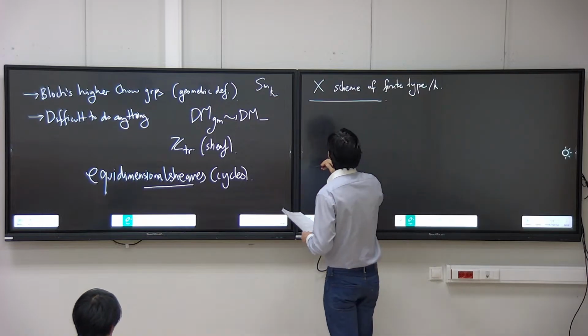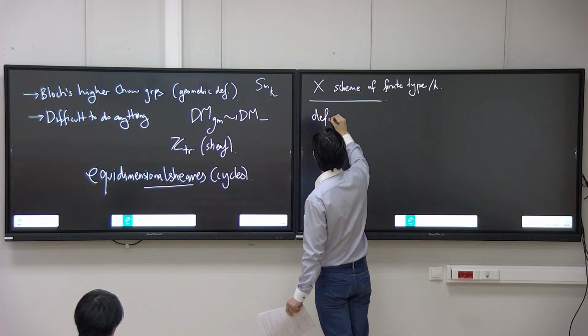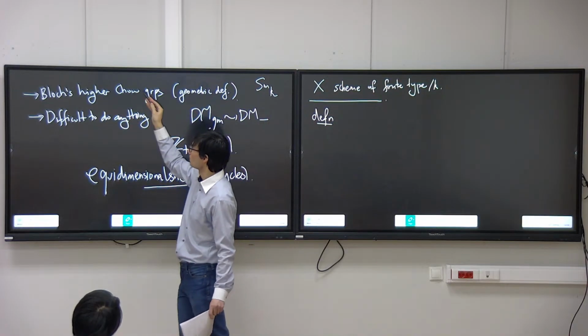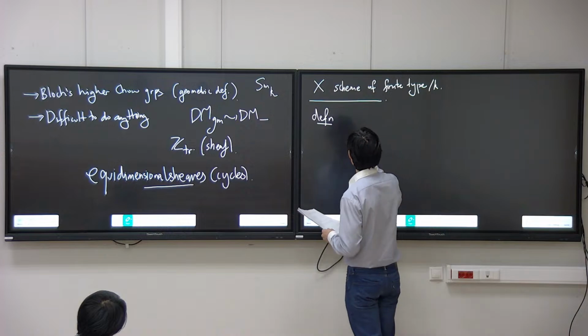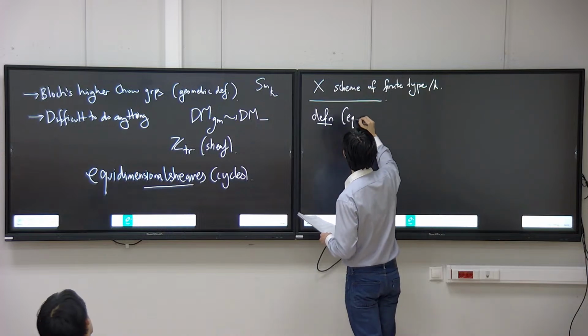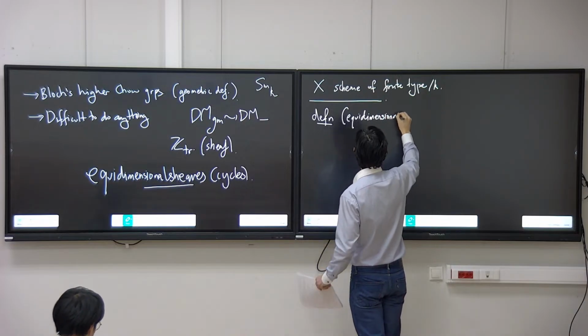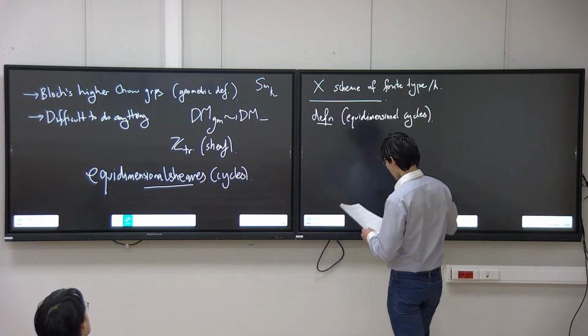So definition. This will be some sheaf theoretic version meant to capture Bloch higher Chow groups somehow. So definition of, let's call it, equidimensional cycles. And again, X is a scheme of finite type.